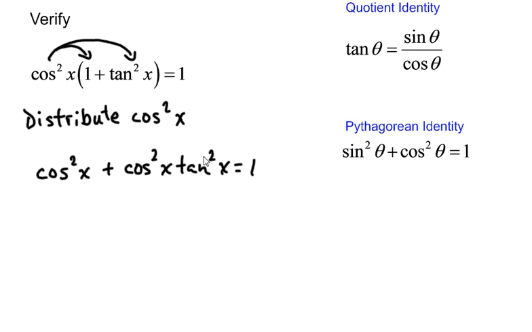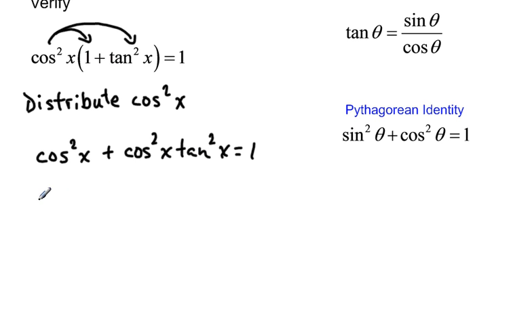Okay, now our next step is going to be to rewrite all terms as either sine or cosine. If something is already sine or cosine, it just stays the same. So cosine squared x will stay the same.